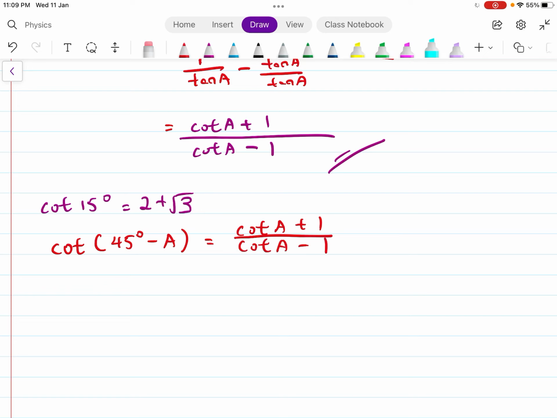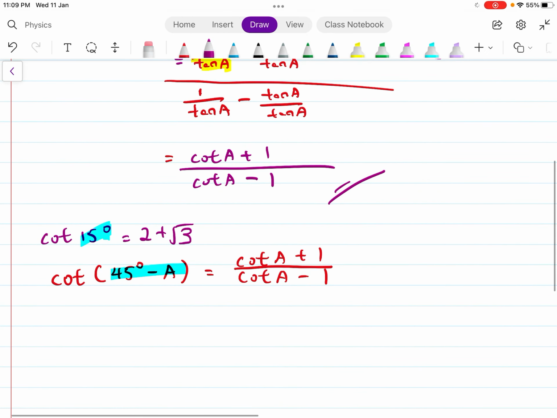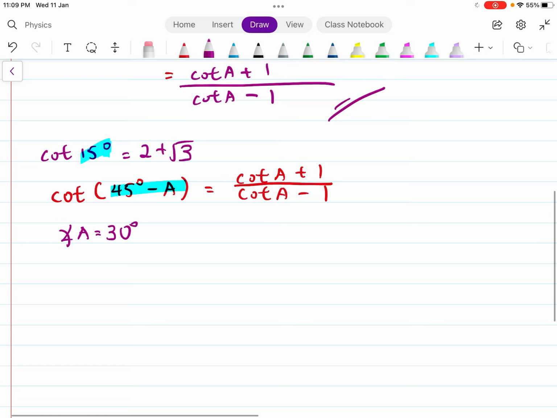If you look at this, we have 15 degrees here, so I just need to equate 45 minus A equal to 15. That means I let angle A be 30 degrees. Why is it 30? Because you put 45 minus 30, so cotangent (45 degrees minus 30 degrees) will become your cotangent 15.